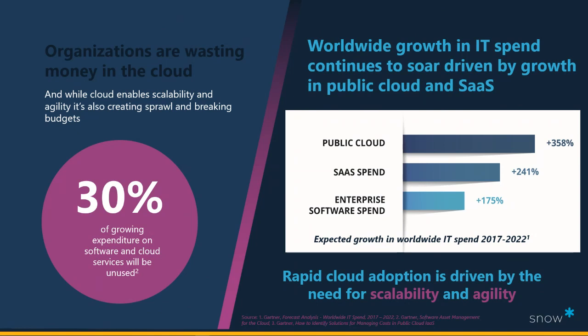Of that overall growth, Gartner suggests that 30% of that cloud spend remains untouched in your organization. This is where Spend Optimizer can help, because it can shine a light on that 30% and provide the details to help you understand where you can really start saving your organization money.